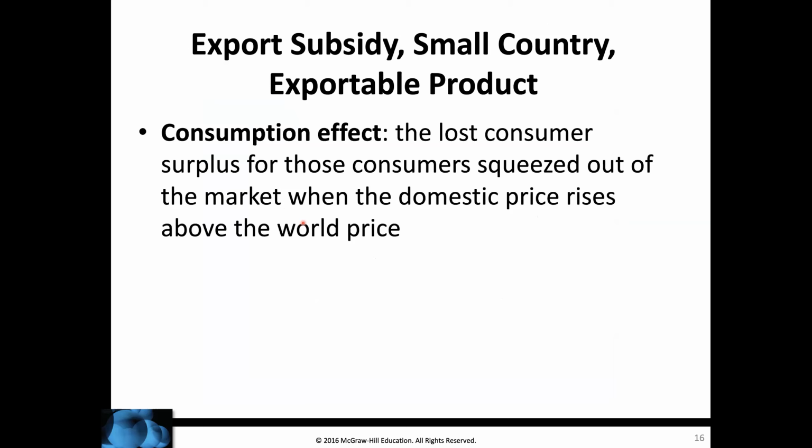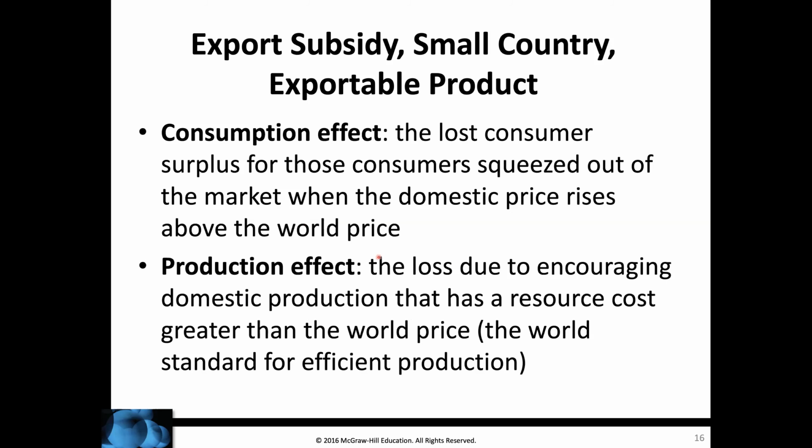And so rather than consuming 70 million, now they're consuming 50 million. That's the consumption effect of the export subsidy. The production effect is the loss due to encouraging domestic production that has a resource cost greater than the world price, the world standard for efficient production. So there's loss there as well.